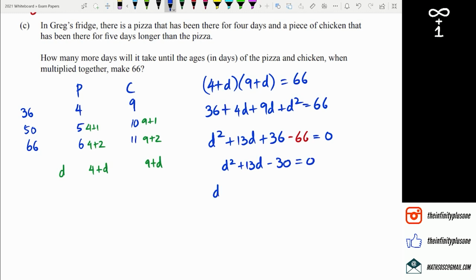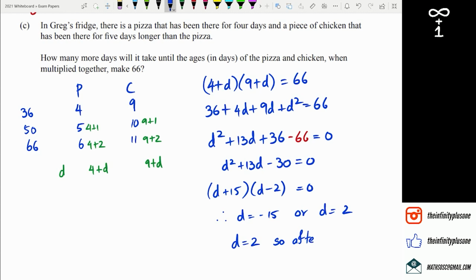D can be factorized as D plus 15 and D minus 2 equals 0. Therefore, D is equal to minus 15, or D is equal to 2. As you can see, we've got to do the working on the right-hand side to actually prove that D is equal to 2. So we have to say, after 2 days.